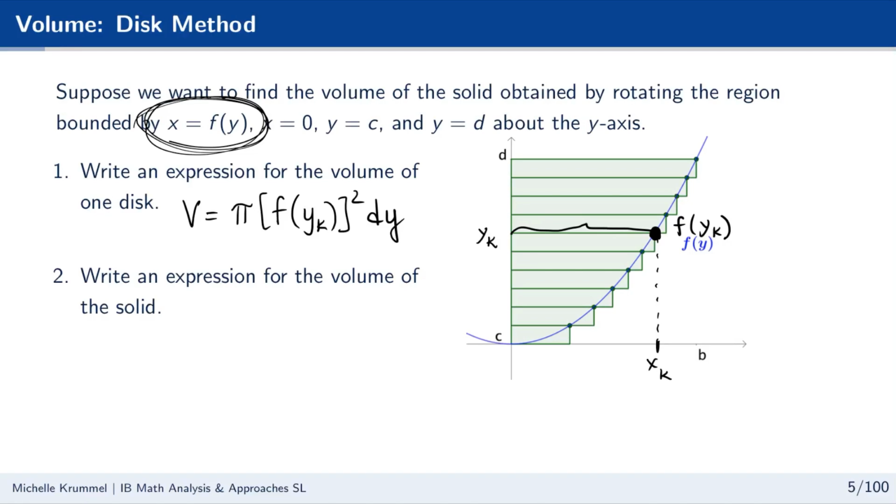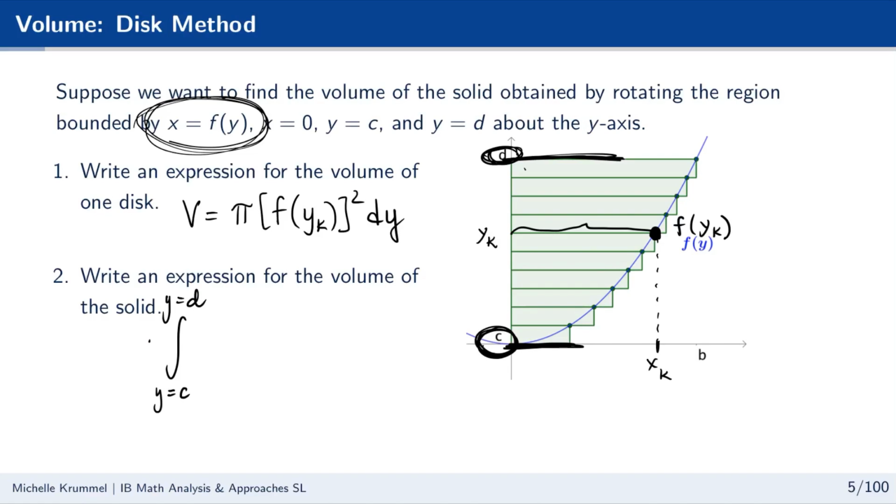The expression for the volume of the entire solid, then, we'll use an integral from that. This is a dy problem, so we need y values for our lower and upper limits of integration. We're going from y equals c, that's the lowest y value here, all the way up to this y value up here, which is y equals d. So we're going from y equals c to y equals d.